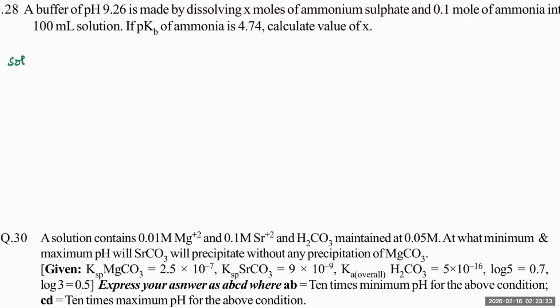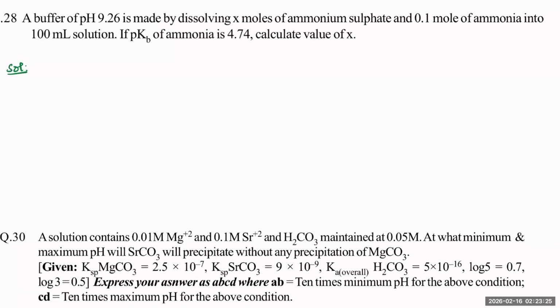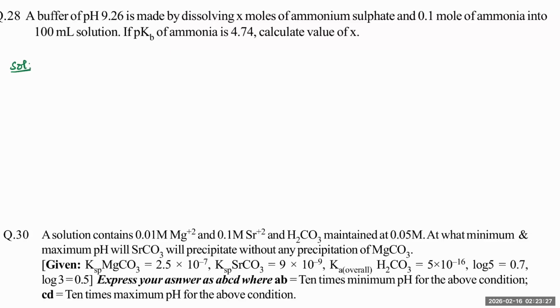We have a buffer solution which is made out of ammonium sulfate and 0.1 molar ammonia. X moles of this. So pKb value is given, so you know that this is a basic buffer. So pOH, first check out what is pOH. pOH is 14 minus 9.26, right? So that comes to be approximately 4.74.